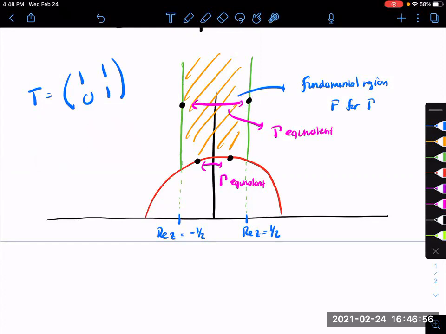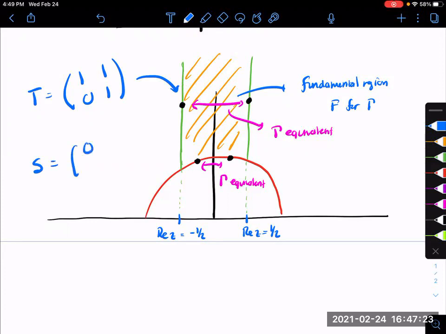And so that governs this set of equivalences here. What about this set of equivalences here? How do I get from this point to this point? Well, I told you in the proposition, but I didn't write it as a matrix. To go from this black point to this black point, z1 is being sent to negative 1 over z1. It's negative inversion. We have a matrix for that as well, right? It's called S. And what is it?